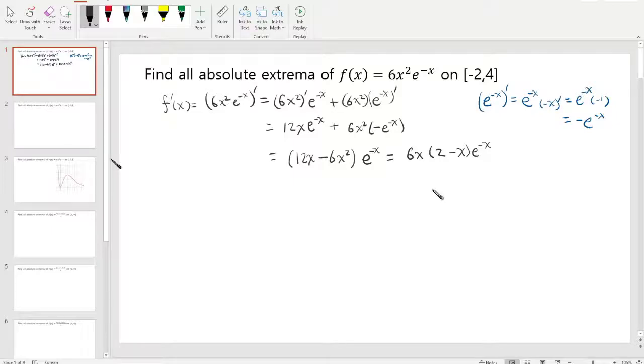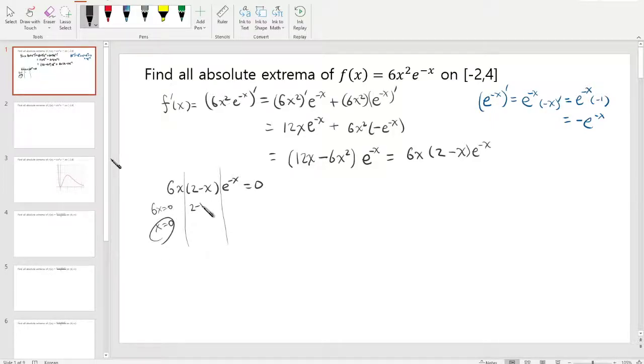And then we have to figure out when this is equal to 0, because critical numbers are places where this is equal to 0. So we write down 6x times 2 minus x times e to the negative x equal to 0. And when is it equal to 0? Well, 6x is 0, in which case x is 0.